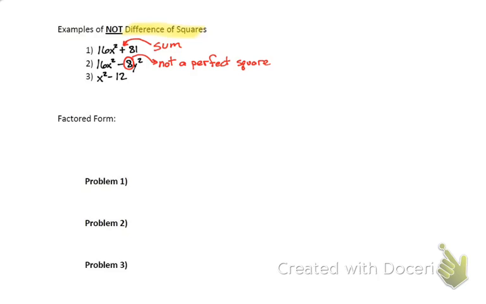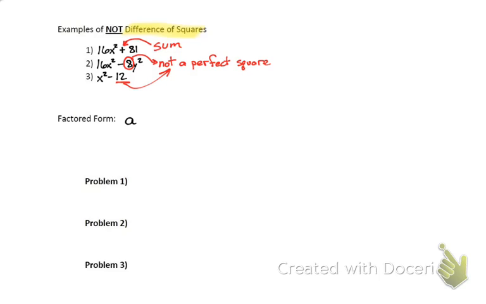And then same problem in number 3. 12 is also not a perfect square. So those are 3 examples there that are not difference of squares problems.